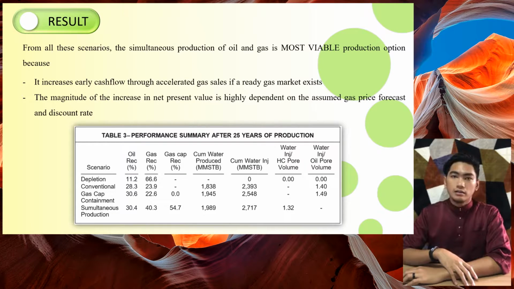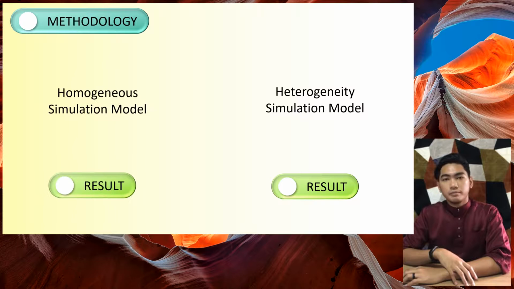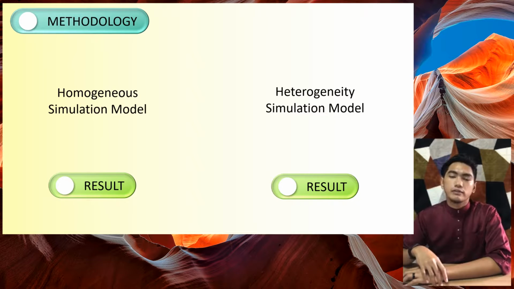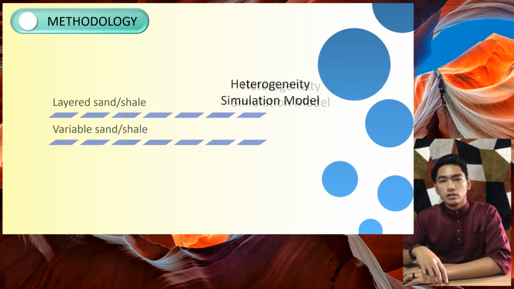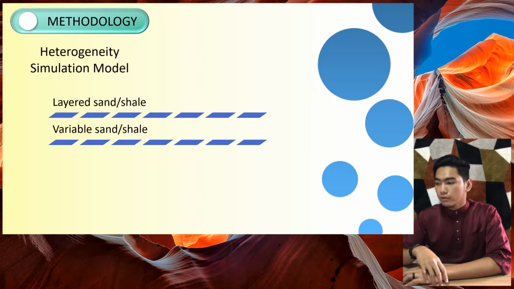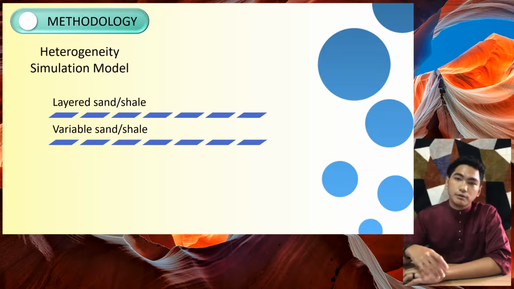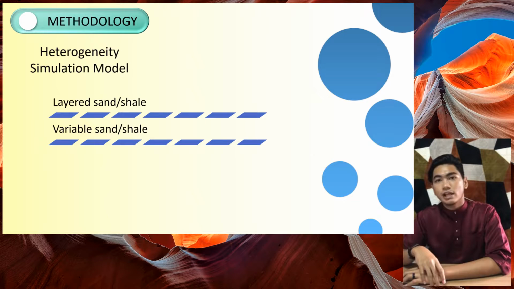The last part of this SPE paper is about the effect of different heterogeneity, since in real life most reservoirs are heterogeneous. So we want to see how permeability variation affects the process of simultaneous gas cap and oil column production.